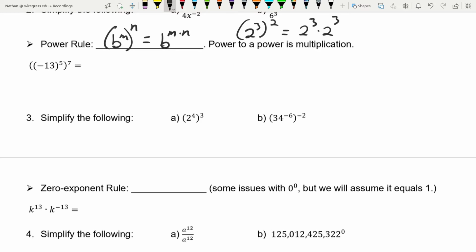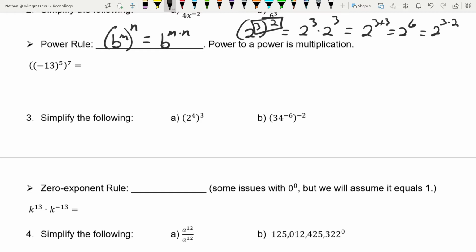But 2 cubed times 2 cubed, that's like bases multiplying, so we add the exponents, and we get 2 to the 6, which is the exact same thing as in the original, just multiplying 3 and 2. That's where this whole thing comes from. It's really just an application of the product rule.